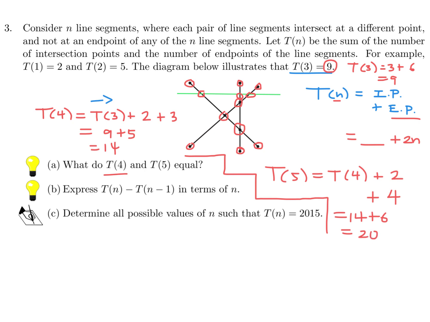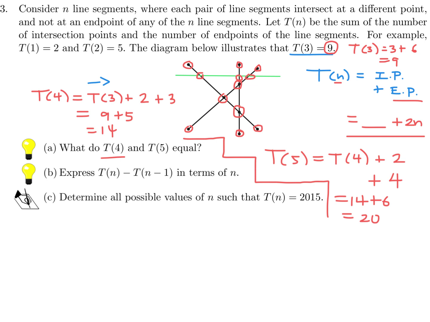So it looks to me like up here, I have to come up with some sort of formula. And I think this system probably doesn't work as well. So I'm going to try to come up with a different system based on what I've got here and here. It looks to me like Tn plus 1 is equal to Tn and then plus 2 new endpoints, right?